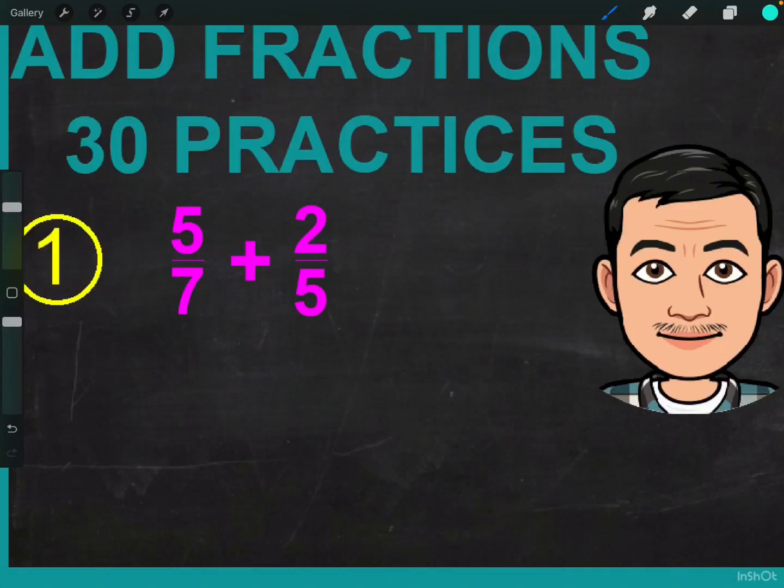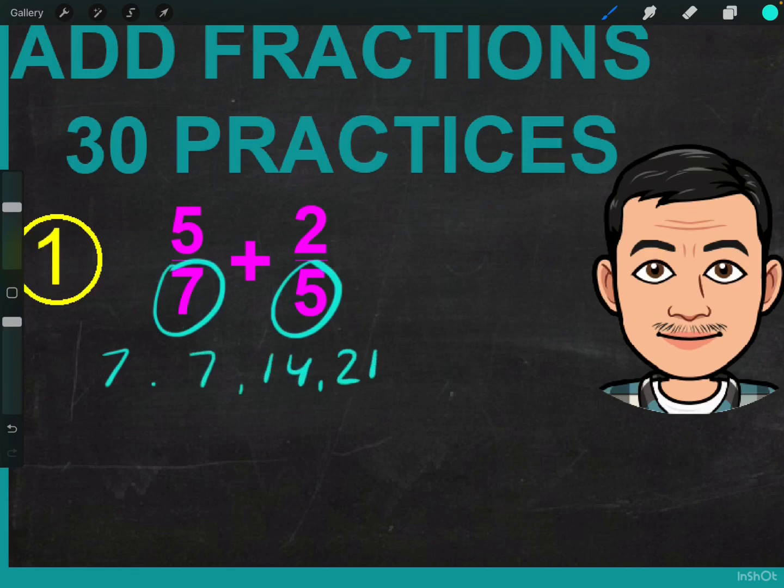Hi guys, so to add the fractions, we need to find the LCM for number 7 and number 5, the two denominators. For number 7, we have the multiples 7, 14, 21, 28, 35, 42.